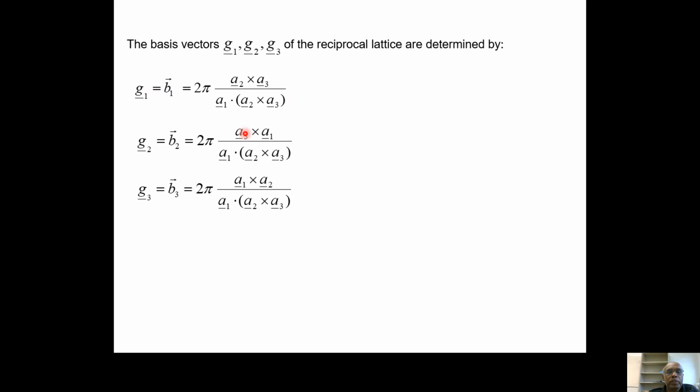Then G2 is A3 cross A1, and G3 is A1 cross A2. This way you can easily calculate G1, G2, G3 if you know A1, A2, A3. The important thing is that G dot A follows 2 pi times the Kronecker delta. That means G1 dot A1 is 2 pi, but G1 dot A2 is 0. So just note that down.